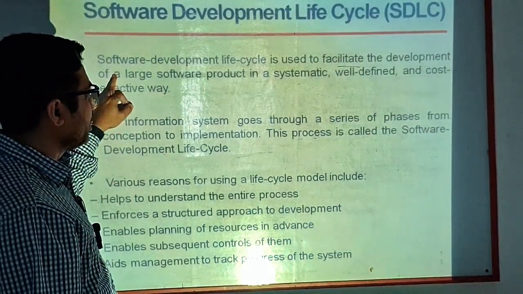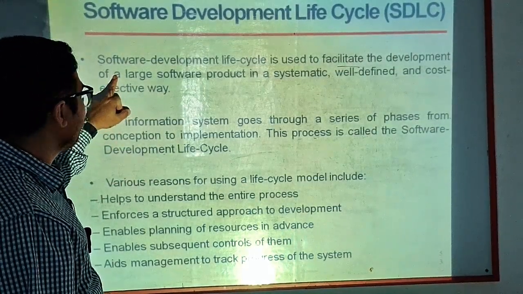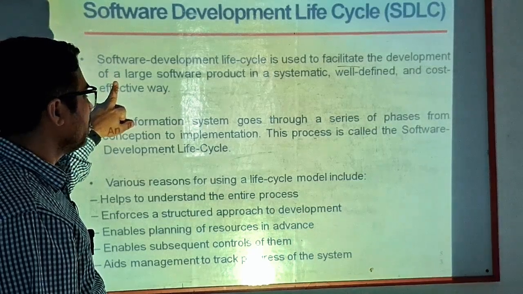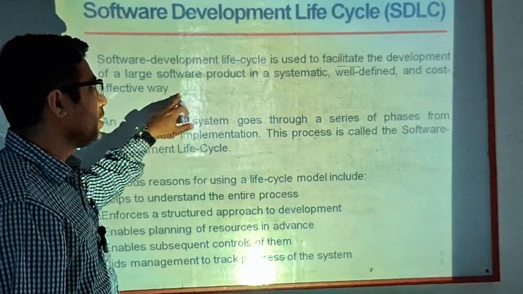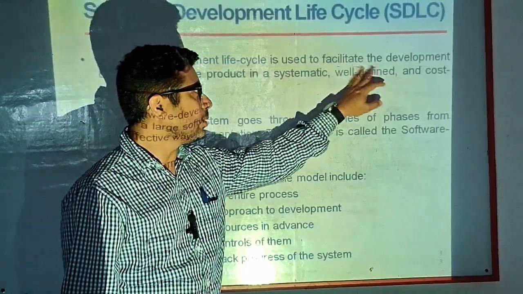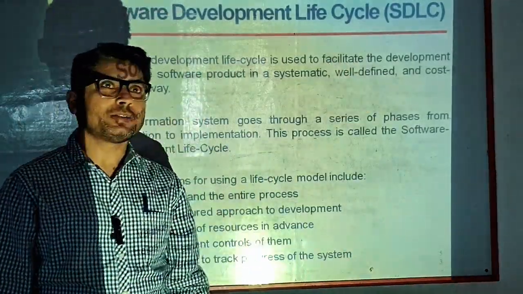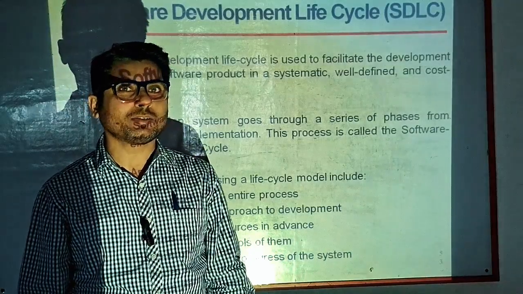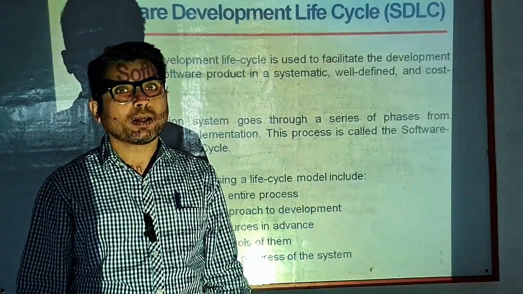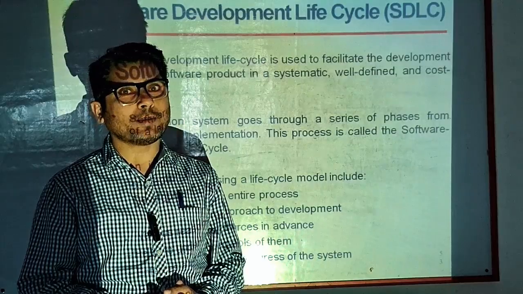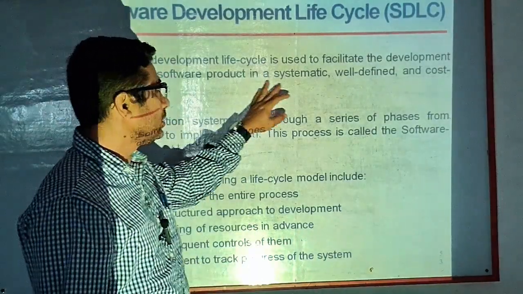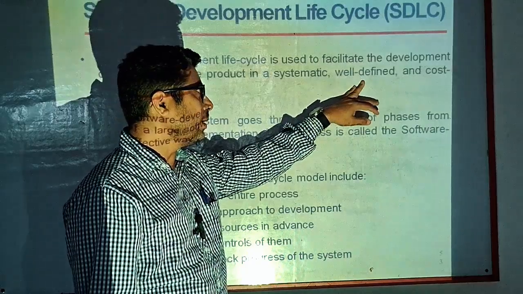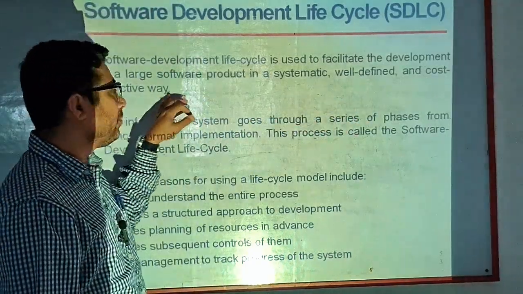Software development lifecycle is used to facilitate the development of a large software product in a systematic, well-defined and cost-effective way. So basically what you can understand here is that the SDLC, or software development lifecycle, is used to help develop a software in a systematic, well-defined and cost-effective way.